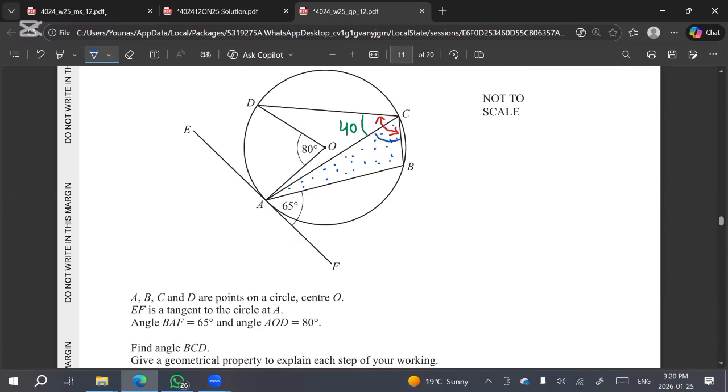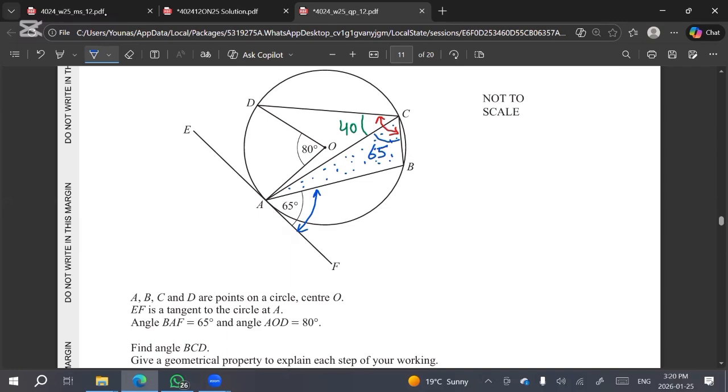This angle is 65, because the angle the side of this triangle makes with the tangent is equal to this angle BCA. So angle BCA will also be 65. We call it the angles in the alternate segment. Once you know these two angles, you add them up, 40 plus 65, and that will give you the angle BCD.